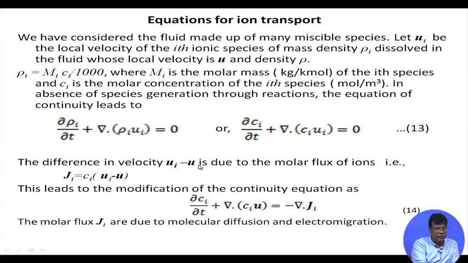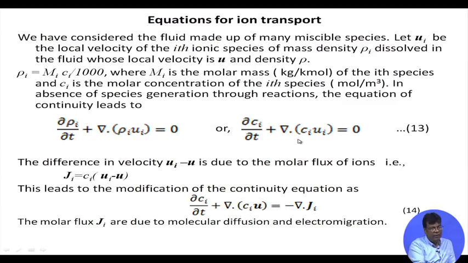Now, we need to see what mechanisms give rise to this difference. We know the equation of continuity for the fluid is divergence of u is 0. If I apply that here, we get a relation.